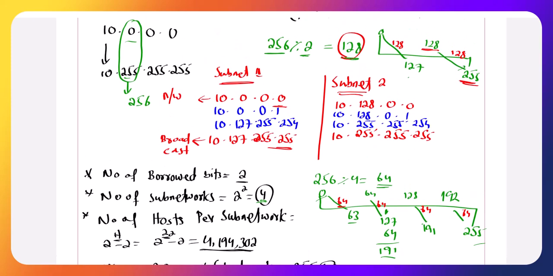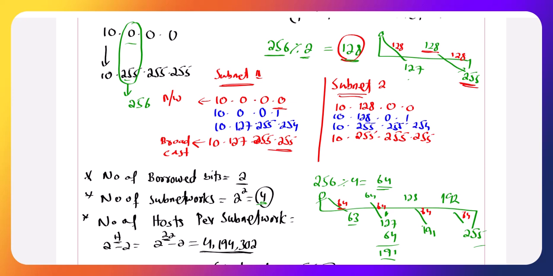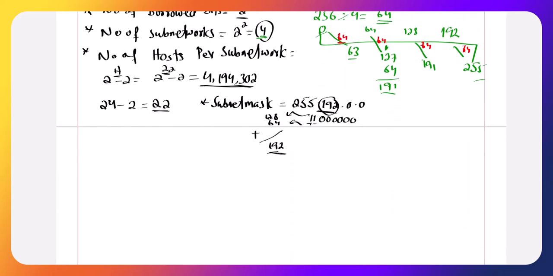Now let's go a little down. I have 4 subnetworks, so I will name them subnetwork 1, subnetwork 2, and so on. Subnetwork 1: the starting is 10.0.0.0, the end is 10.63.255.255.